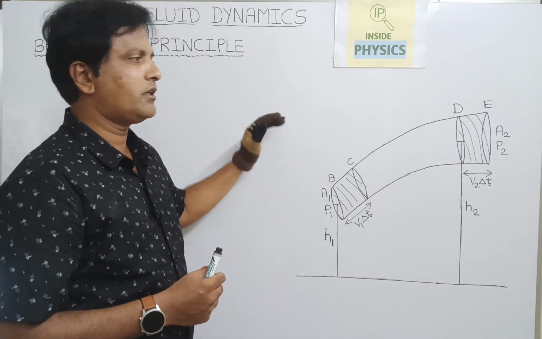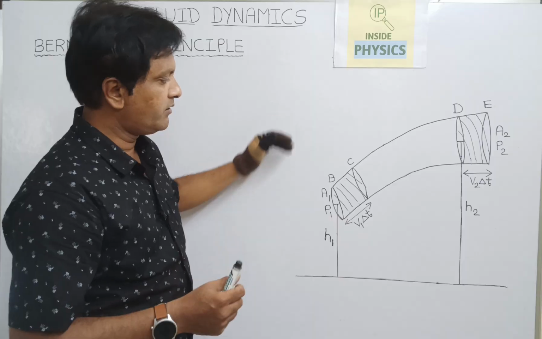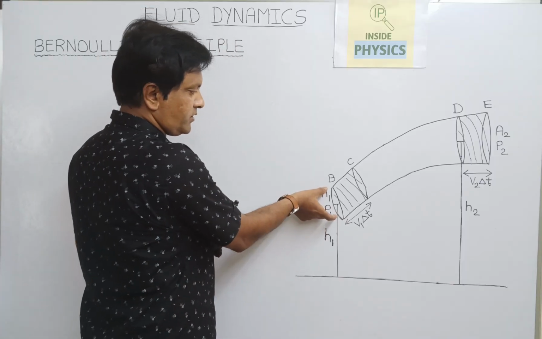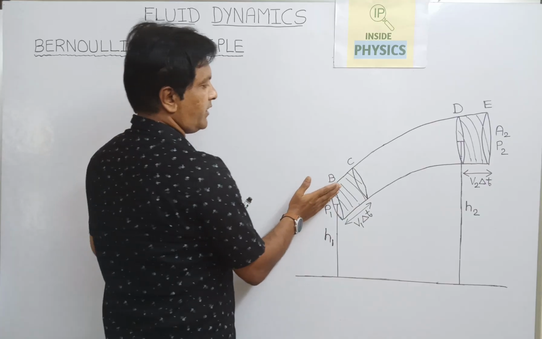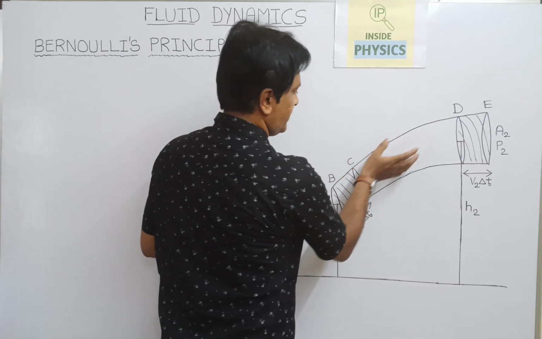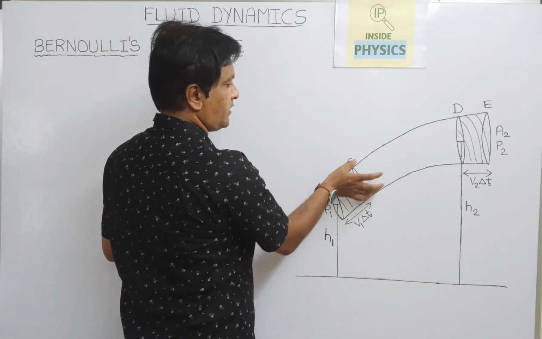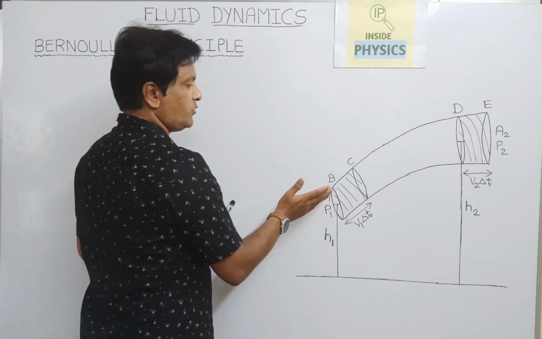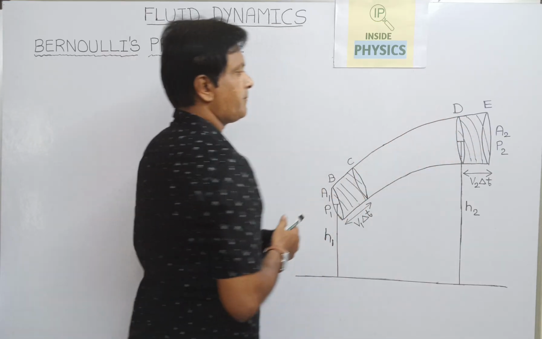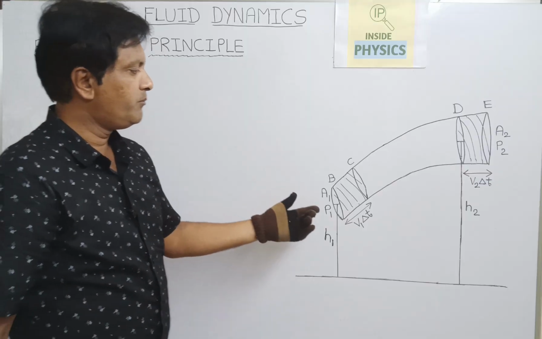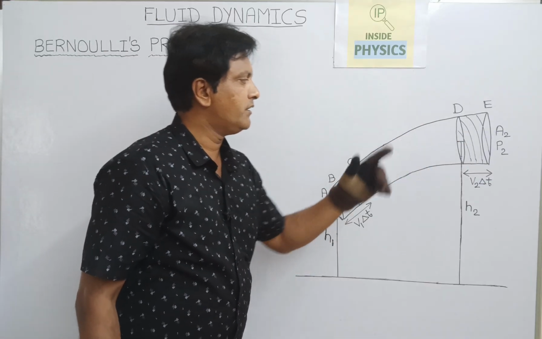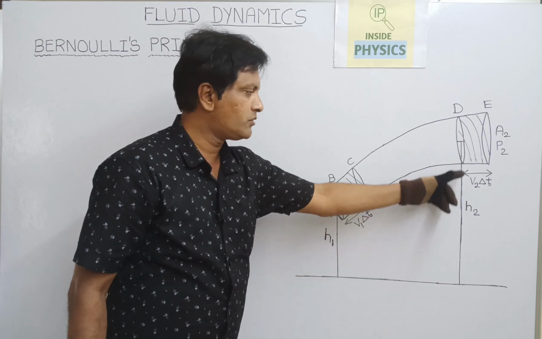Steady means non-turbulent flow. Here we observe that the fluid is entering into this cross-sectional area and it is moving through this pipe. You can observe the cross-sectional area increasing while the liquid is moving from here to here. While moving from this area to that end, the height of the liquid is also changing.